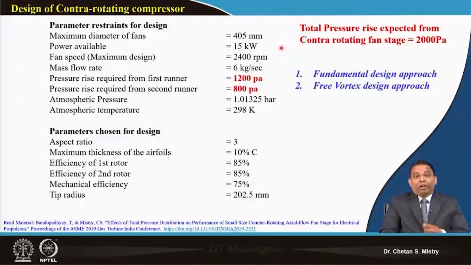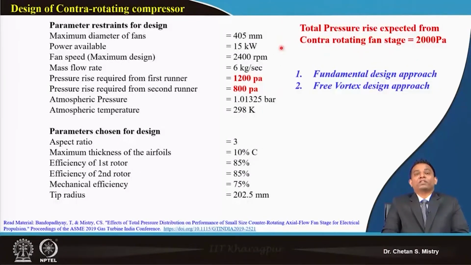Now, let us talk about the design of this contra rotating fan. If you recall, in the last lecture I was discussing my own design for a contra rotating fan which I did during my doctoral study at IIT Bombay. For that configuration I had some constraints and restraints, and based on that we decided on a few configurations.